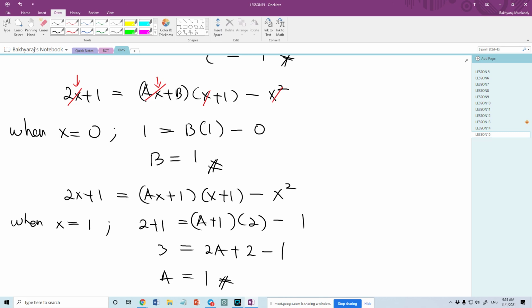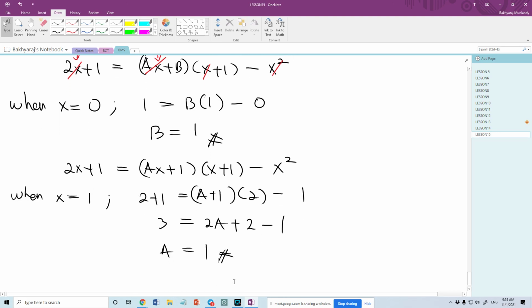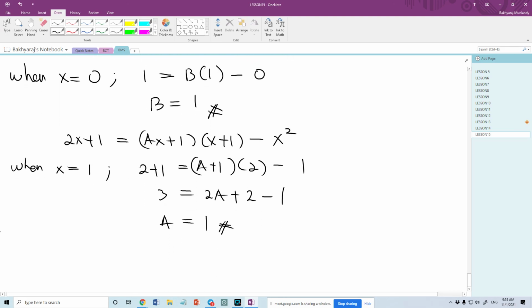Okay, so once we have A, B, C, now we can proceed for the last answer. So integration.